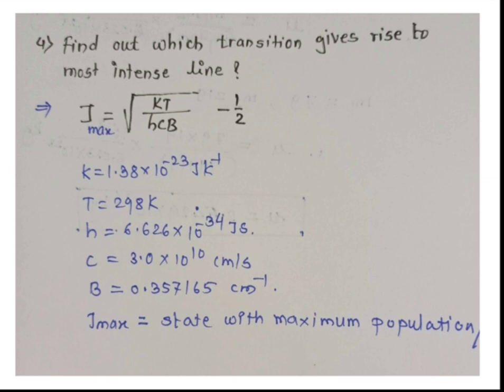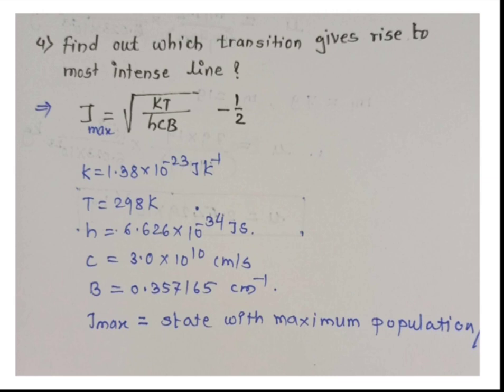Now the fourth point of calculation is to find out which transition gives rise to the most intense line. So we have to find out the transition with maximum population, which is highly intense. For that we have one formula: J max is equal to square root of kT upon 2hcB, and outside the square root there is a minus half.